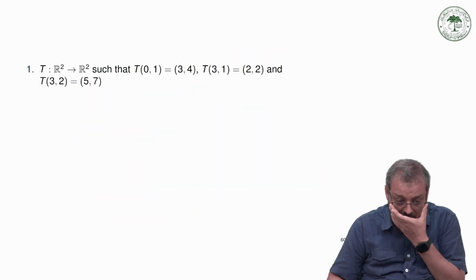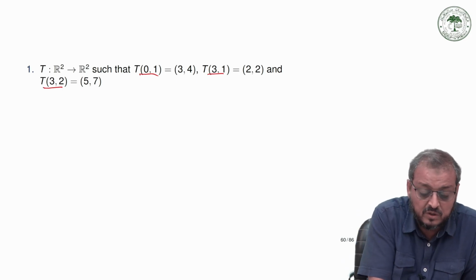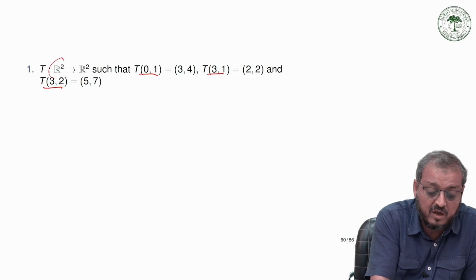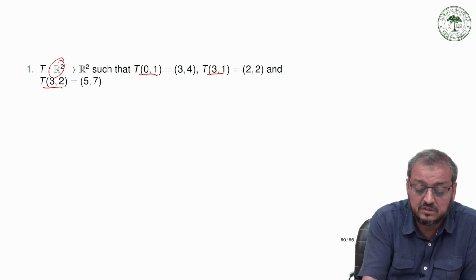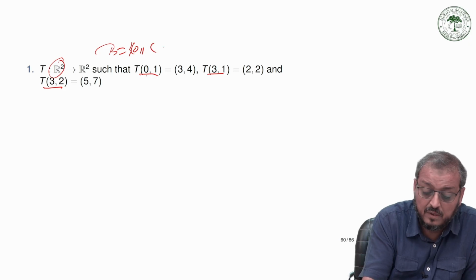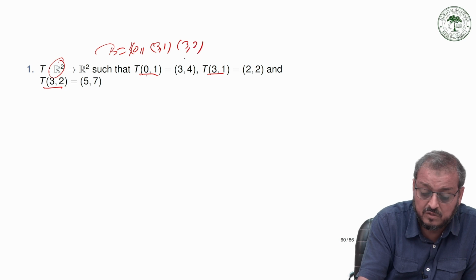Or similarly for this one, we cannot find this. Why? Because we have R2, and we have vectors within the set B: (0, 1), another is (3, 1), and then you have (3, 2).